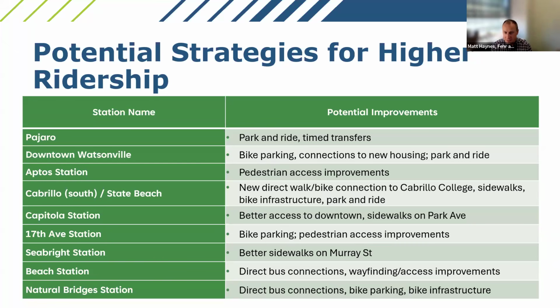It might include park and ride lots or opportunities for people to drive or get dropped off at a station and then get on at the station. It might include things like bike parking, pedestrian access improvements, maybe more direct connections to certain locations. One example might be a more direct connection to Cabrillo College from the Cabrillo State Beach Station to get across Highway 1 and allow Cabrillo College to be within a much closer walking or biking distance of the station. So these are some of the potential strategies that we might consider and allow us to achieve some of the higher end of the ridership levels here. Next slide.